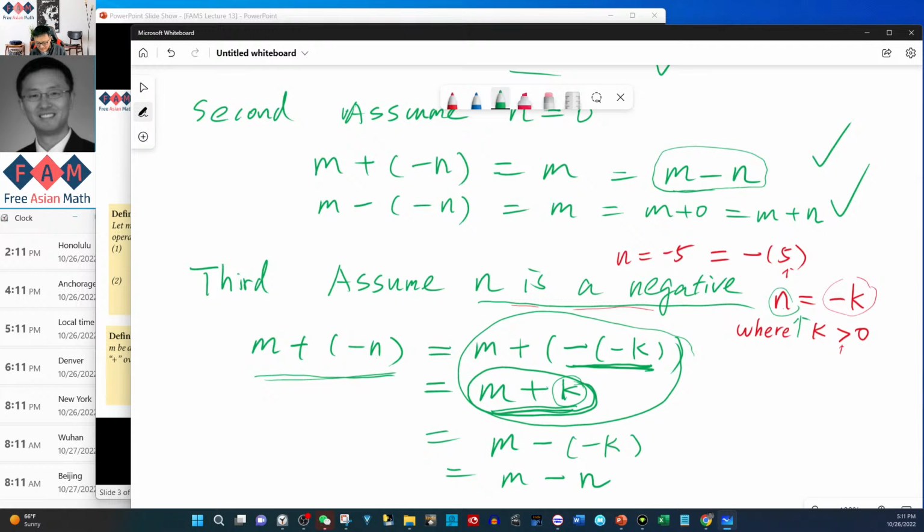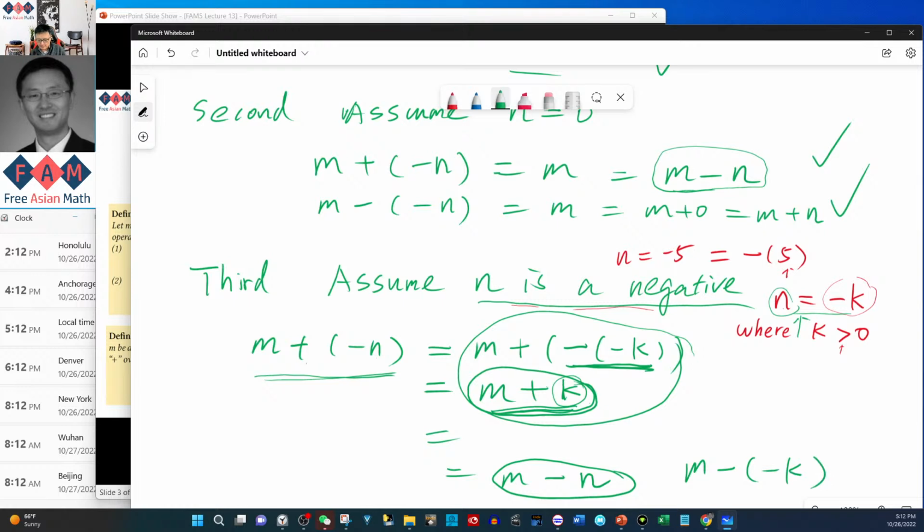Does that make sense? Remember? Yes. Okay, so when we do this, we substitute n with n equals negative k, and the negation of k is just k, and from the earlier first portion of the proof, this is nothing but m minus n, which is m minus negative k.